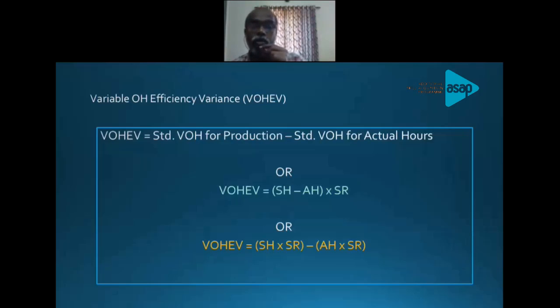So naturally, you remember this difference between standard hours and actual hours creates this efficiency variance. Whenever we think about efficiency, the hour is more important. These two should be connected. So variable overhead efficiency variance arises due to the difference between standard hours for actual production and actual hours. It is multiplied by standard rate. So this is a very, very important equation.